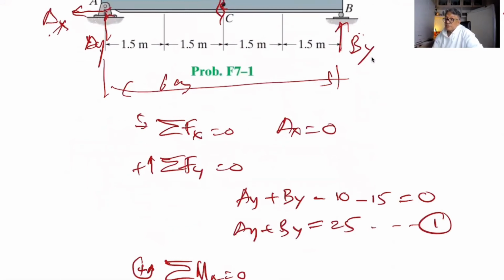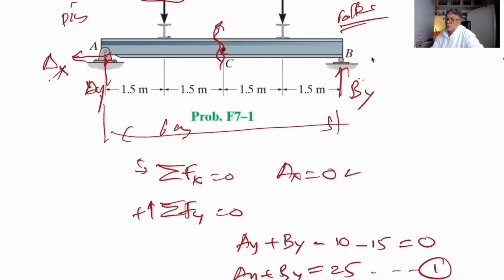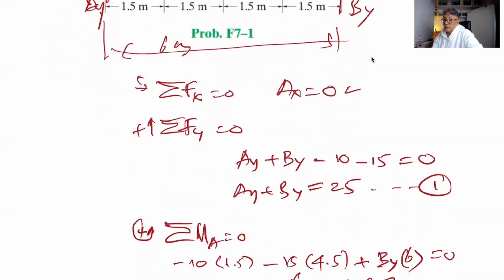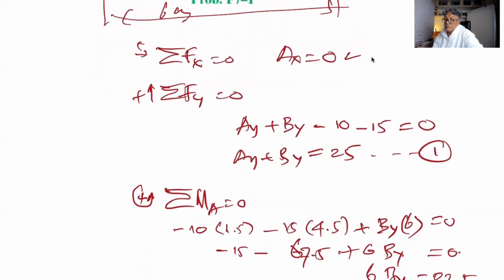regenerate the equilibrium equations. First of all, summing of forces in the x direction, sigma Fx equal to 0. From here it's very easy to find that AX equal to 0, because there is no axial force acting on the beam. And then sigma Fy equal to 0.